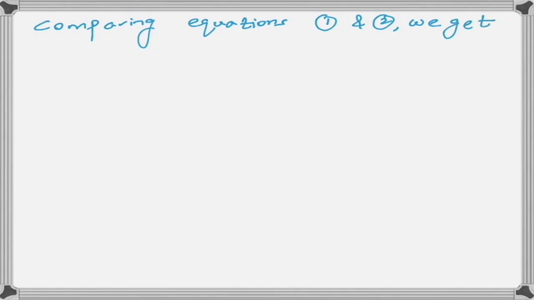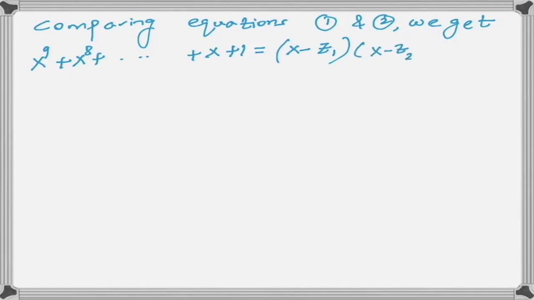So we get that the polynomial x^9 plus x^8 and so on up to x plus 1 is equal to the polynomial whose linear factors are x minus z1, x minus z2 and so on up to x minus z9.